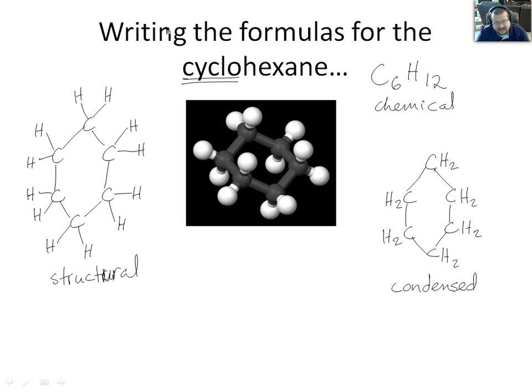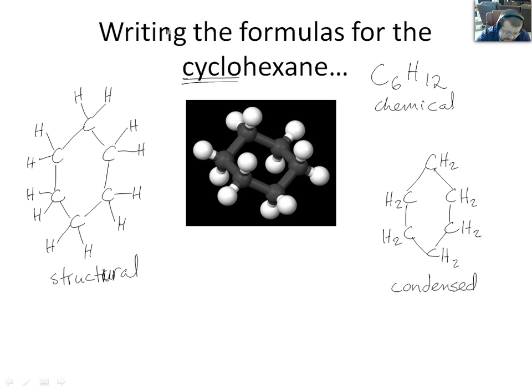Now, I want you to pause the video and write what you think the skeletal structure should look like, keeping in mind that the skeletal structure doesn't show the hydrogens, it just shows where the carbons are. Alright, so let's resume.